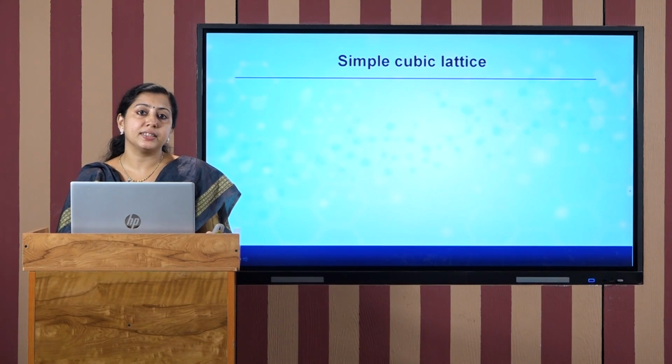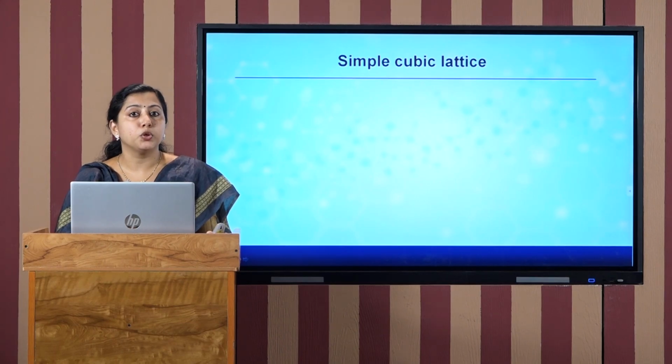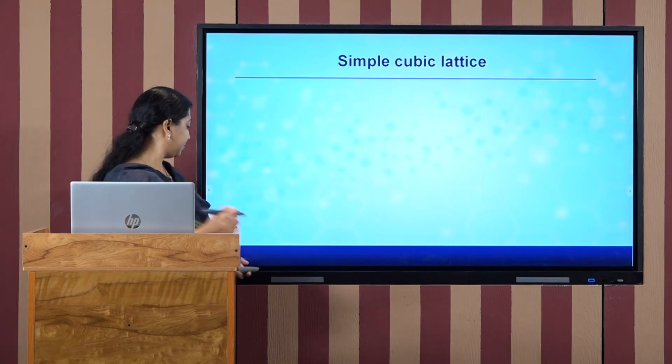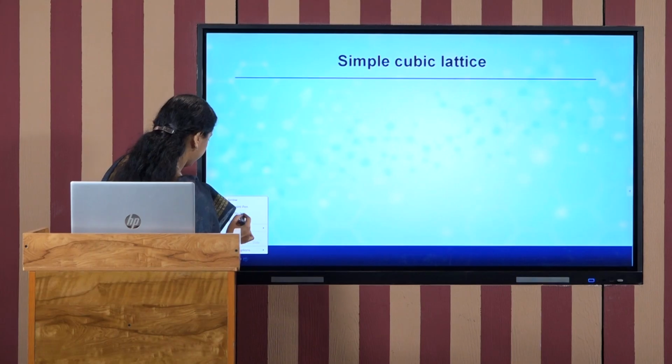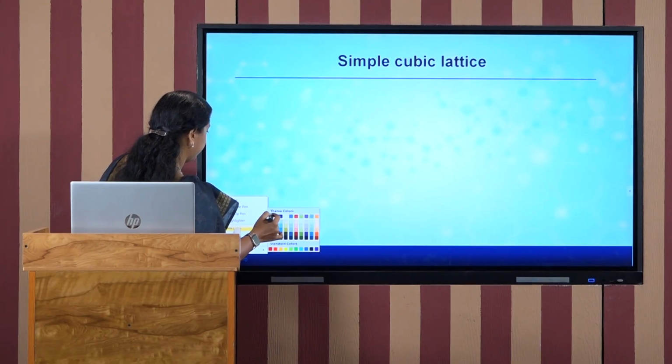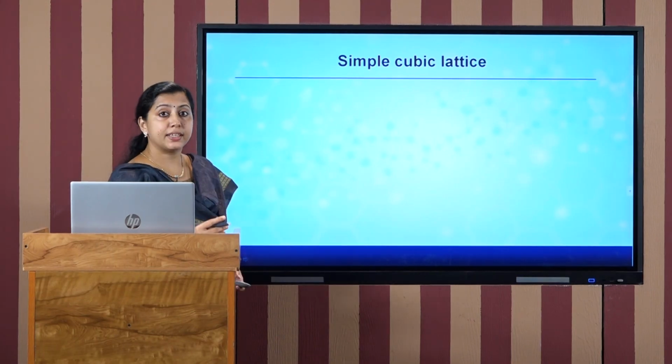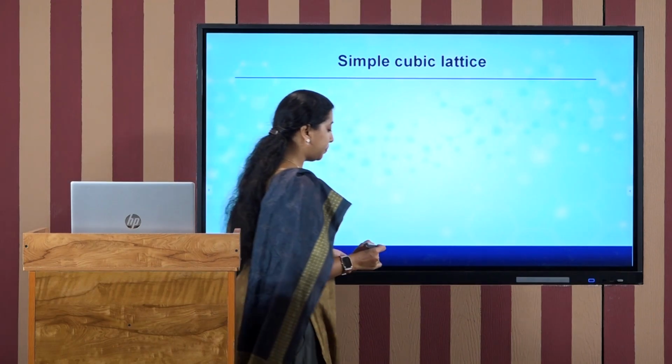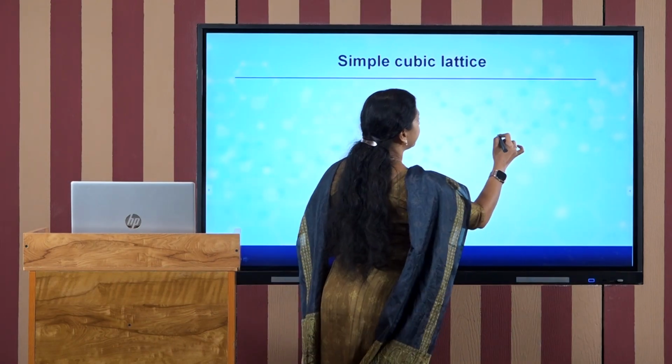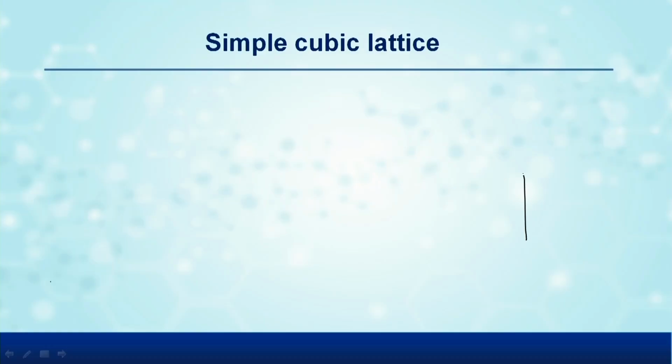First, let us consider a simple cubic lattice. We have seen that in a simple cubic lattice, the atoms are present only at the corners. Now, let me draw a simple cubic lattice.